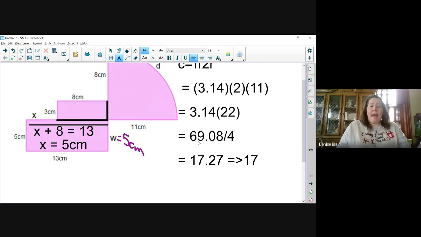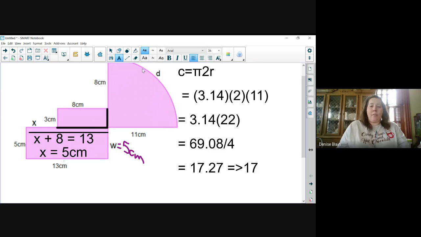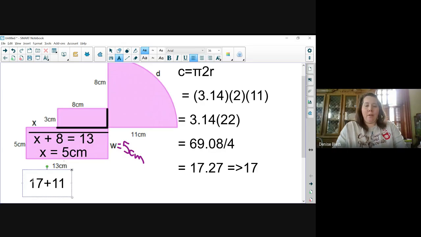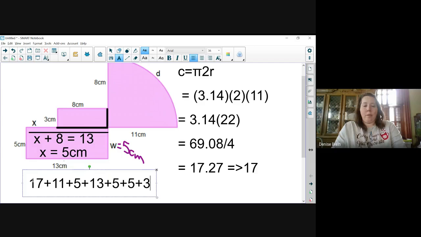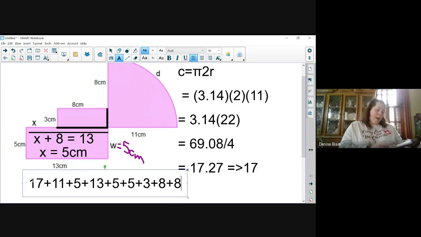So now I have to add up all the numbers along the outside of my shape. We will start with what D is: 17 plus 11 plus 5 plus 13 plus 5 plus 5 plus 3 plus 8 plus 8. When you add all of those numbers up, you will get the perimeter of this shape.